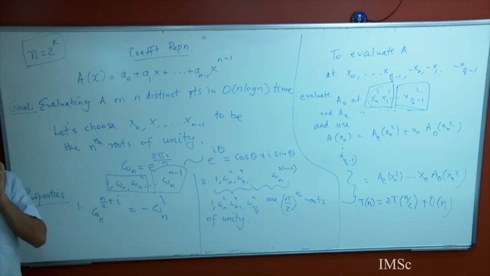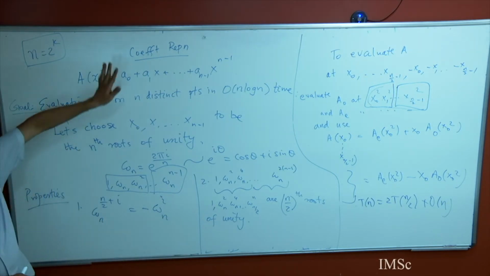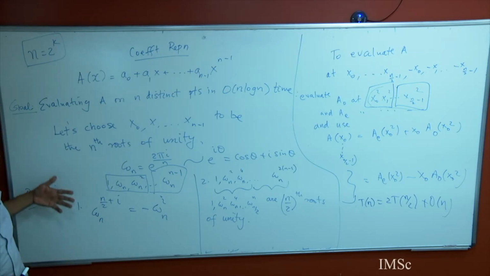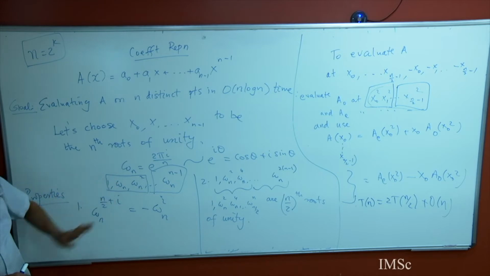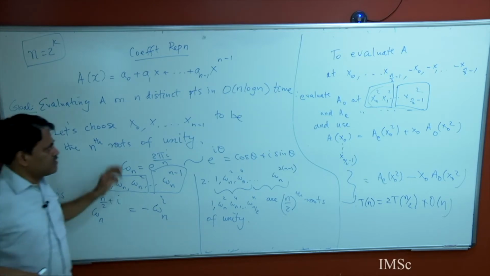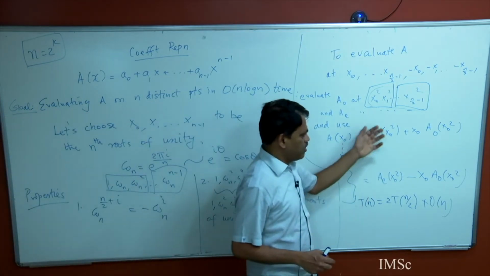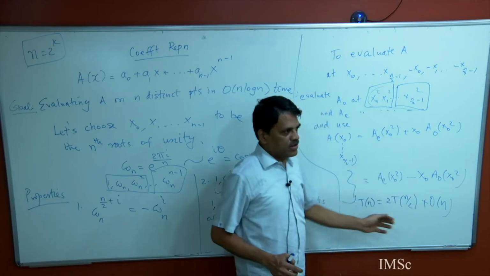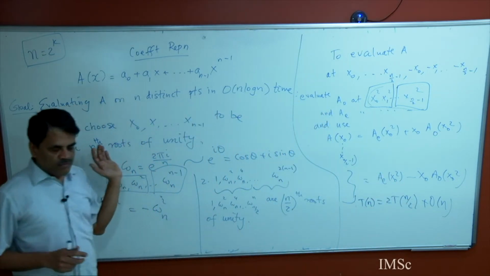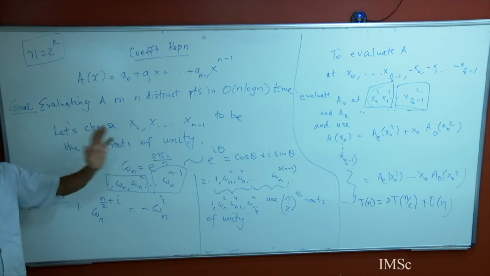Okay, so now we know, instead of choosing some arbitrary points, if I choose my nth roots of unity as the points, then I can apply my divide and conquer, and this way of breaking it up gives you a nice n log n algorithm to evaluate my polynomial on these points.